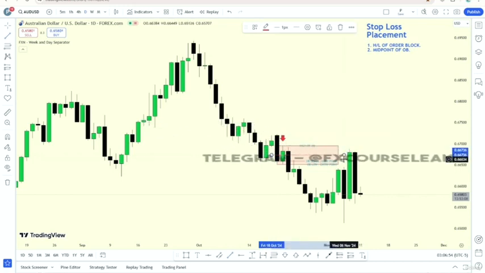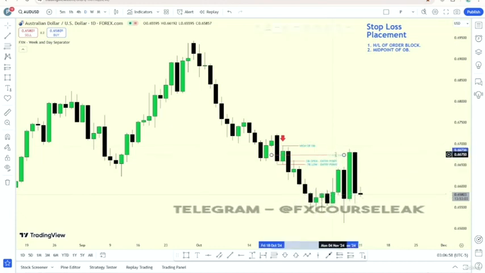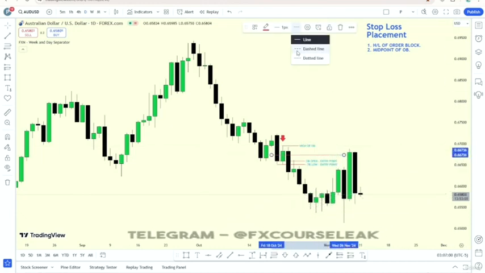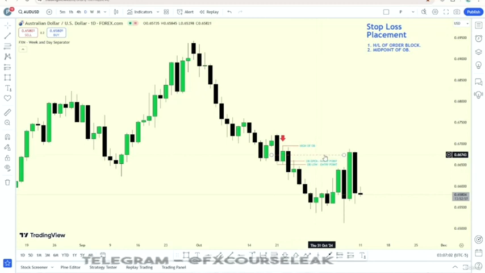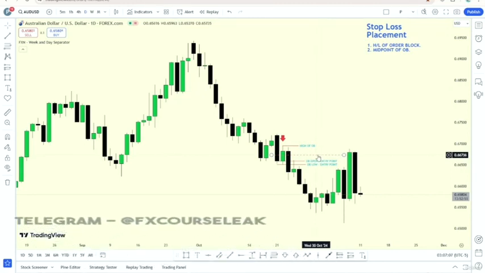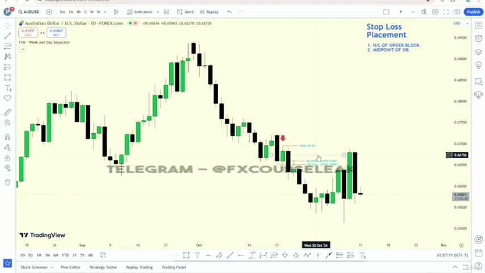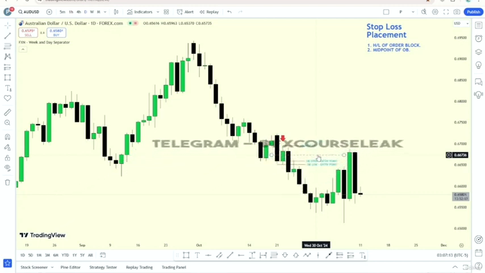Once we have that midpoint, you can see that is our midpoint. That midpoint of the order block is a more aggressive place you can place a stop loss, but make sure that you're not placing at the exact midpoint. You are adding at least 2 to 3 pips on top of that midpoint.